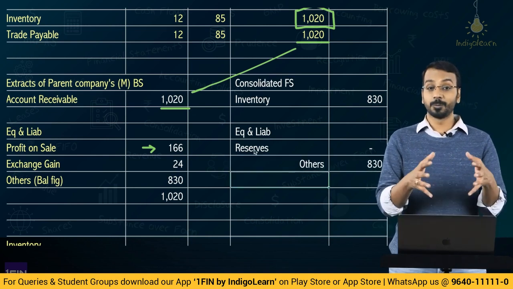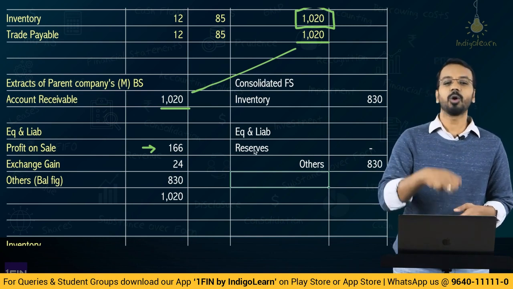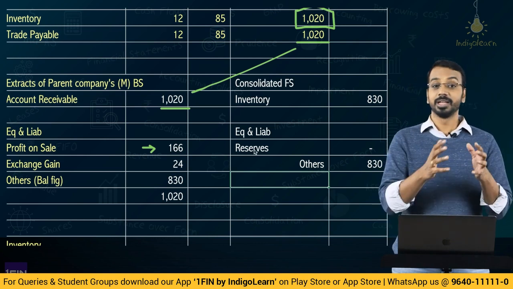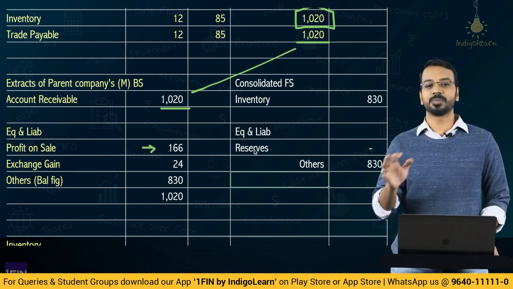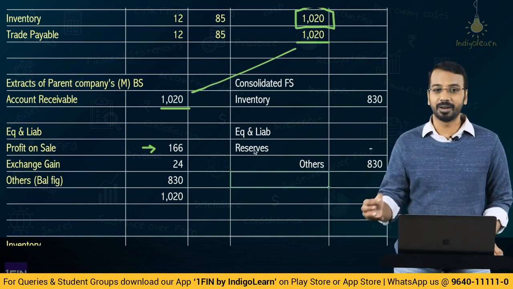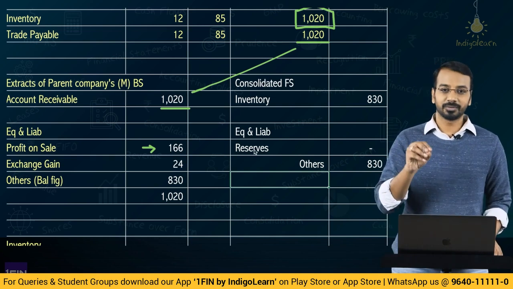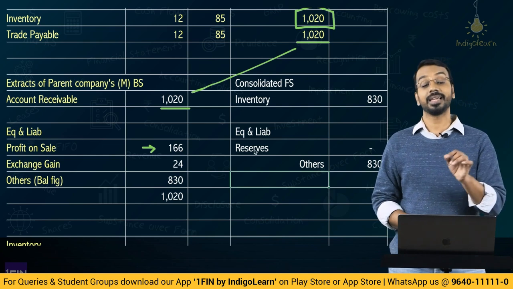Now, what I am trying to bring about with this illustration is, the inventory did not go out of the group. See, it is like taking from one pocket and keeping in another pocket. So, holding company sent inventory costing 830 to the subsidiary company, and the subsidiary company still has it with itself, which means for the group, at the group level, the inventory has a value of 830 only, and that is why we will record the inventory at 830.